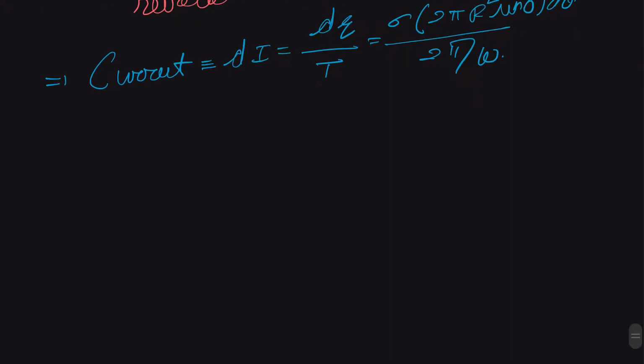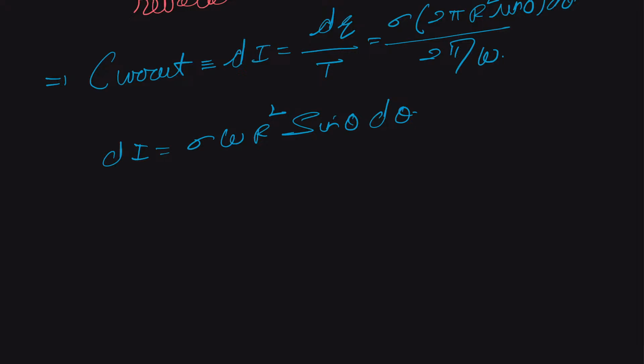Therefore we get the value of the current di is equal to charge density times omega r square sine of theta d theta.